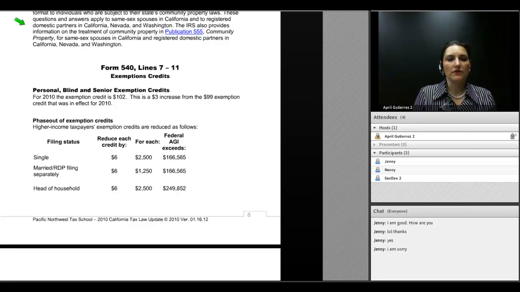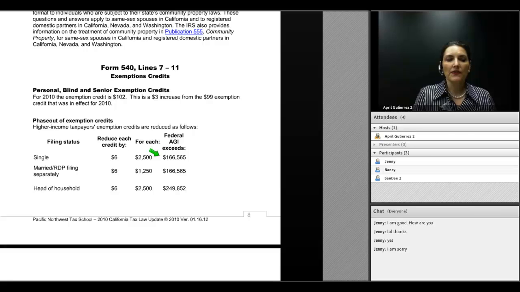Moving on to the exemption credit deduction, and as I pointed out at the start of the class, California has upped the exemption credits for personal, blind, and senior, and they've gone from $99 to $102. But just as a reminder, as your income passes a particular threshold amount based on your filing status, there will be a phase out of your credit.